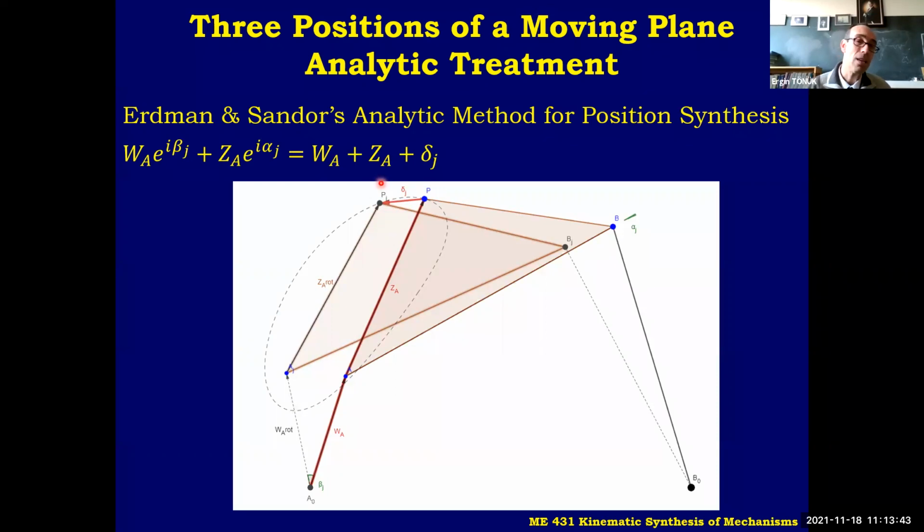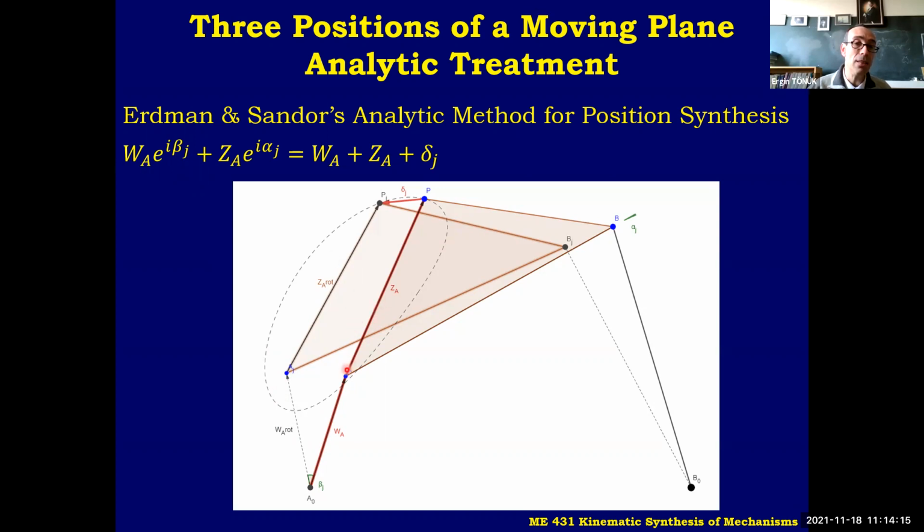And at PJ, this crank is going to rotate by an amount beta J. So beta J is the crank rotation from position 1 to the jth position. So this vector becomes WA e to the i beta J. This angle is beta J.